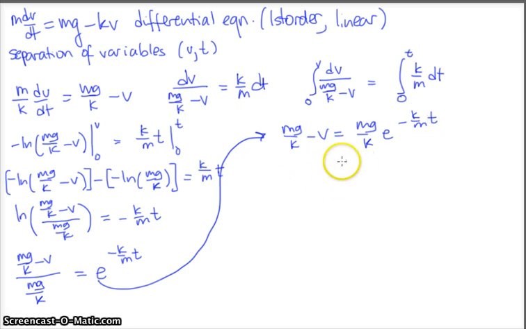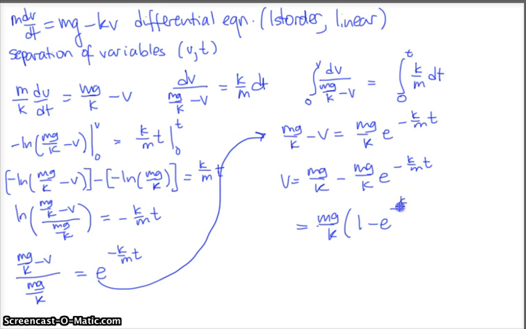Or, rearranging even more, v equals mg over k minus mg over k e to the negative k over m times t. Or mg over k times the quantity 1 minus e to the negative k over m times t.